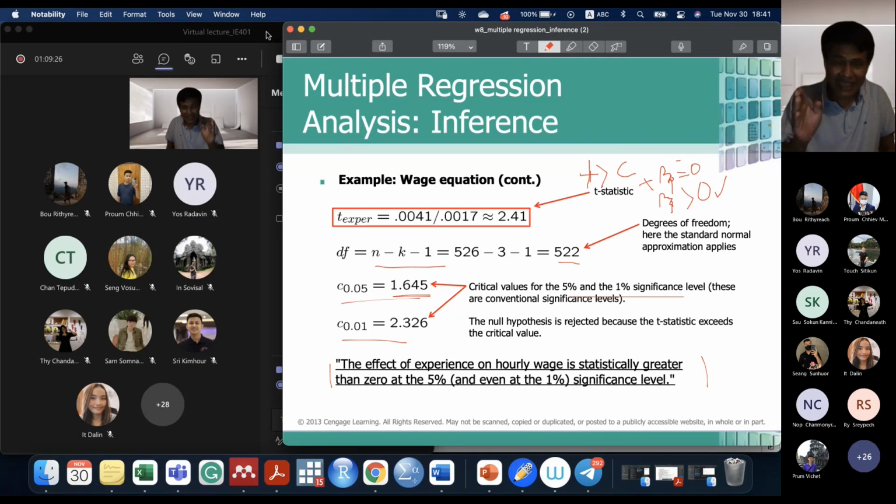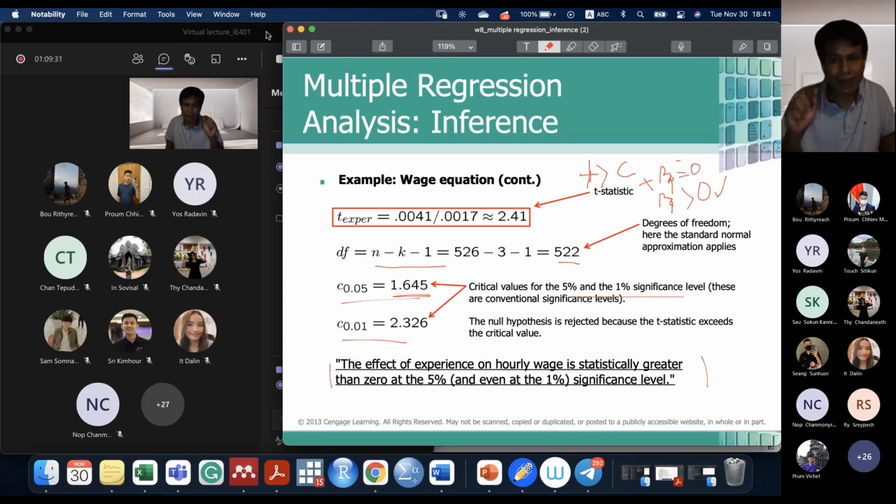Again, class, we reject the null hypothesis that delta j equals 0 only if t is bigger than c. But that is only true if the alternative hypothesis states that delta j is bigger than 0. If you have a different alternative hypothesis, for instance, you believe that the effect is negative, less than 0, that is another case.